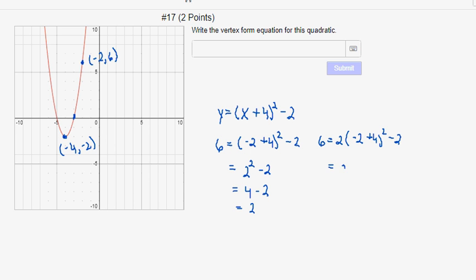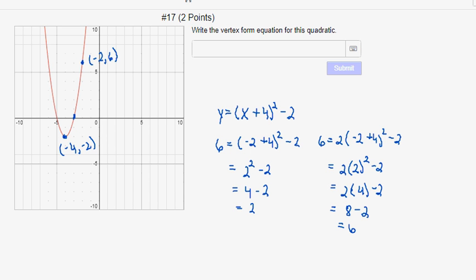So that's -2 plus 4, that's still 2 squared minus 2. 2 times 4 minus 2, 8 minus 2 equals 6.